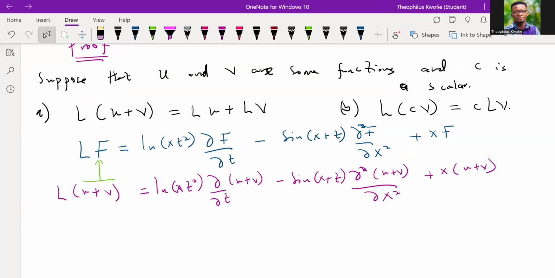All right, so let's do our distribution. Remember the differential operator is distributable.